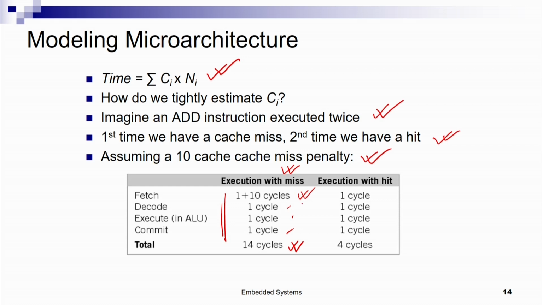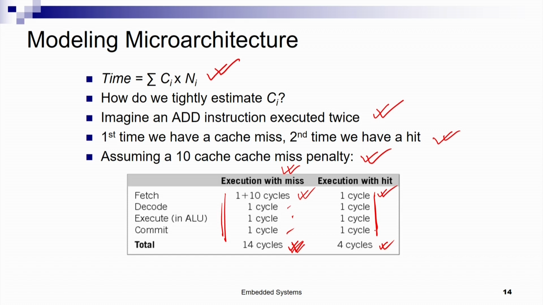We are considering an instruction cache for simplicity here. It takes 11 cycles for the fetch, but only 3 cycles for the other 3 pipeline stages, and the total time taken is 14 cycles. Now, if we have a cache hit, the same fetch takes only 1 cycle, because there is no cache miss, and the overall instruction can be completed within 4 cycles.